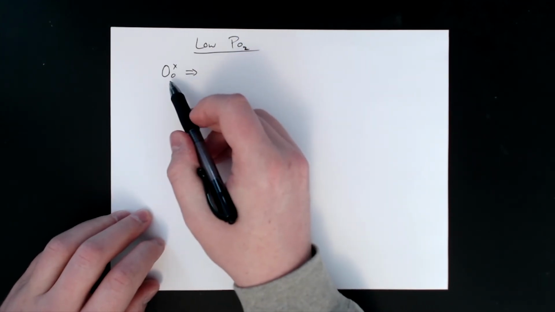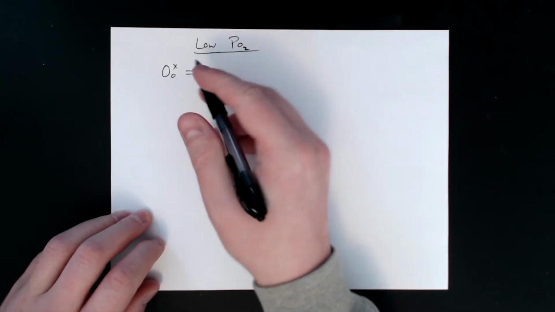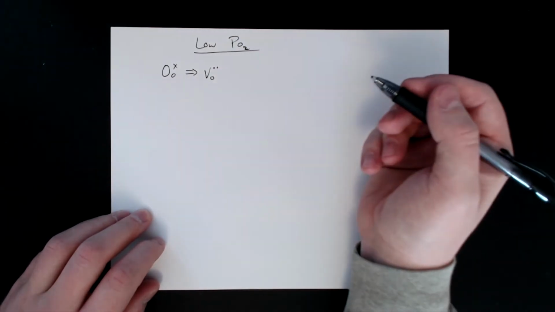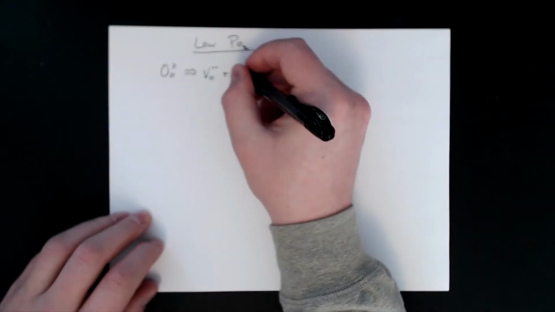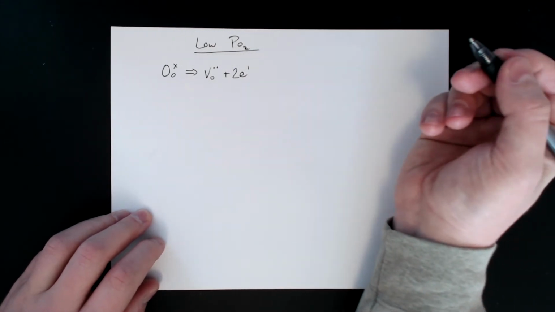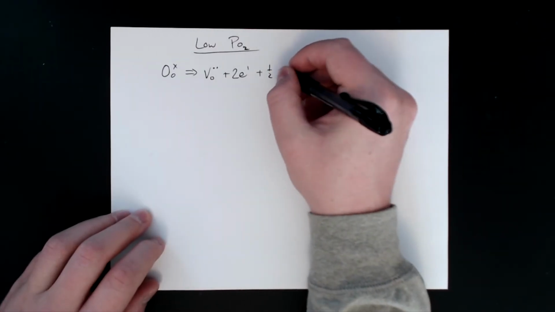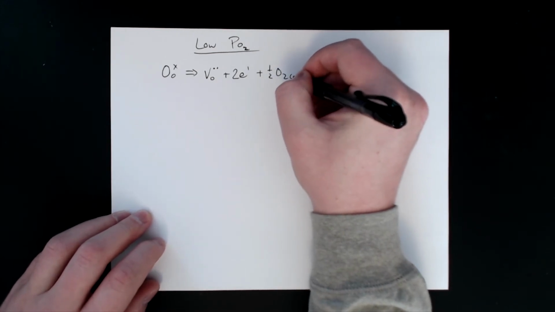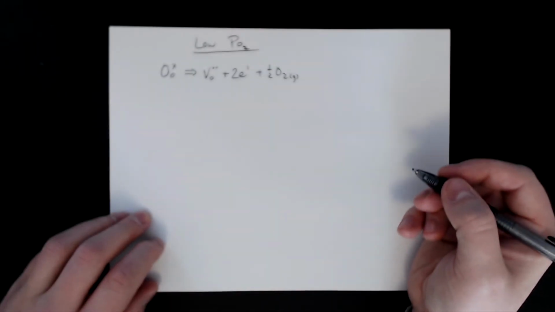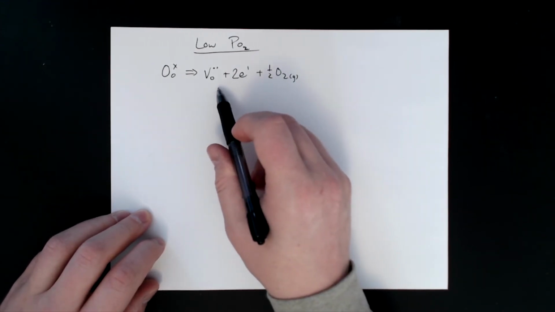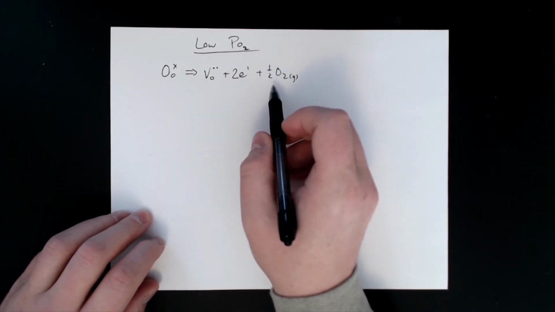So oxygen is in its proper sites, and then we get an oxygen vacancy, which has a +2 charge. That is balanced by the appearance of electrons, and then that oxygen that's neutral leaves in the gas phase. And so we have 1/2. So for each oxygen vacancy, we get a half of an oxygen molecule.